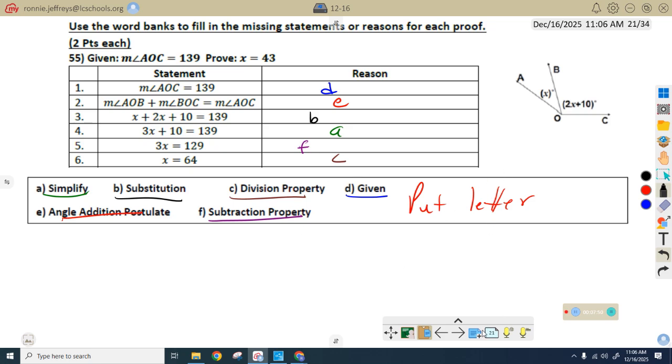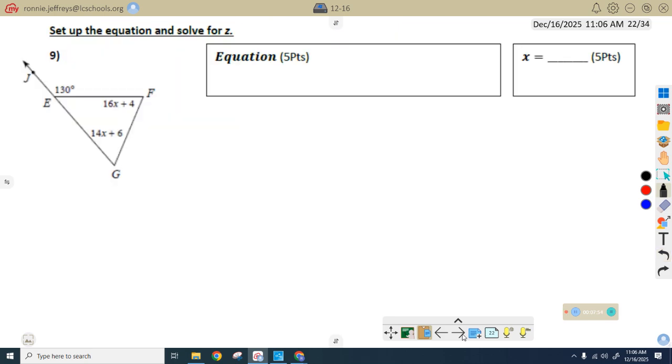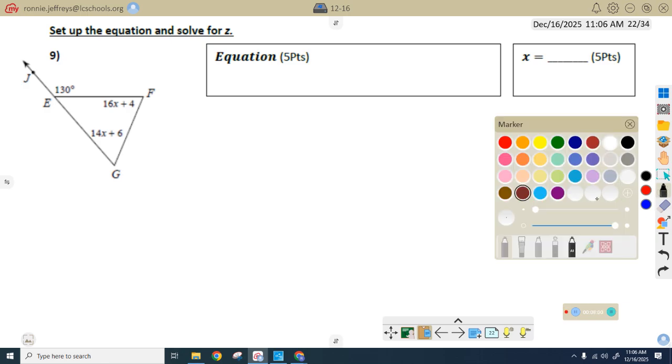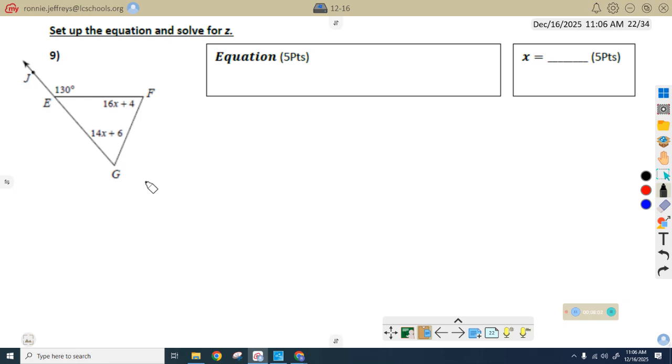All right. The inside angle plus the inside angle plus inside angle equals outside.